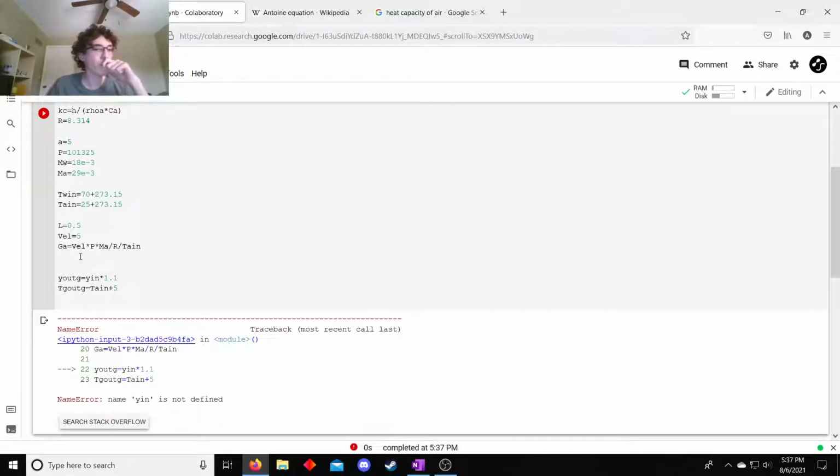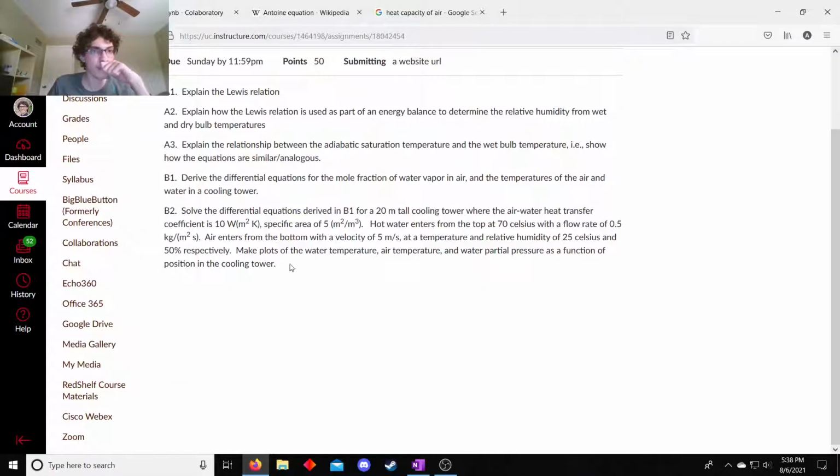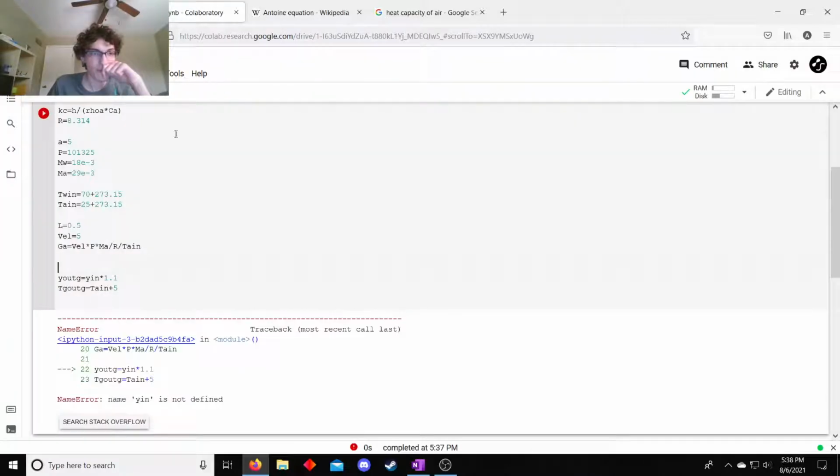So the mole fraction of the water going in, what they give us is the relative humidity of 50%. To go from relative humidity to mole fraction, we're going to need to use the Antoine equation. So we'll say Yn equals the Antoine equation at the temperature of the air going in.